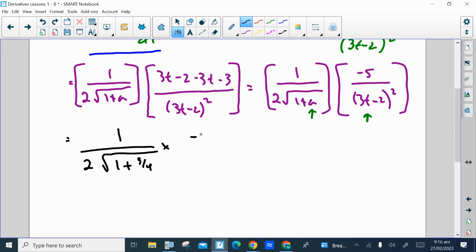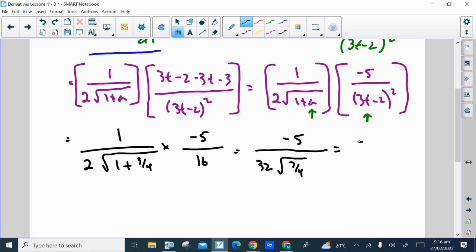And that's multiplied by negative 5 over, and when t equals 2, 3 times 2 is 6, take away 2 is 4, squared is 16. So I can multiply top times top and get negative 5 on top. On the bottom, I got 2 times 16, which is 32, times the root of 7/4, because you're going to add 1, which is 4/4, to 3/4.